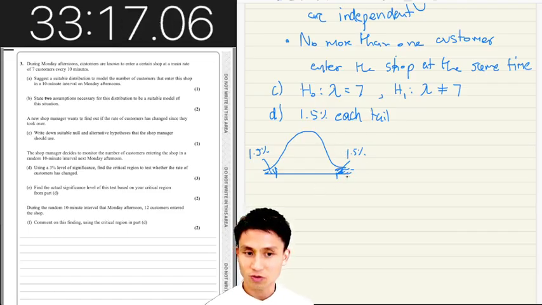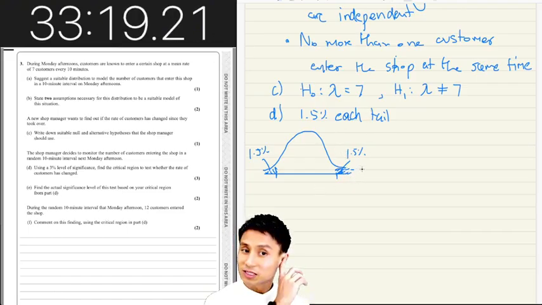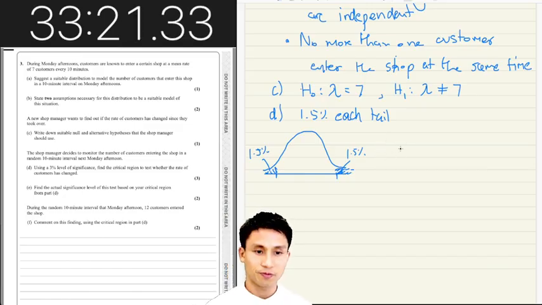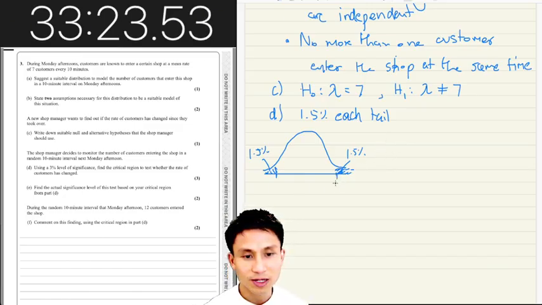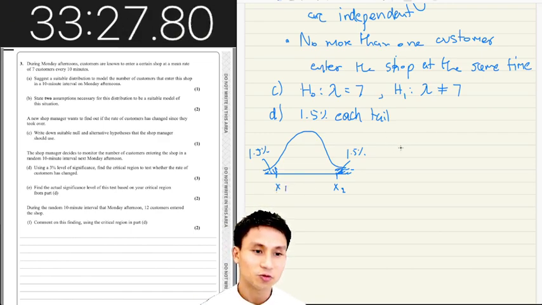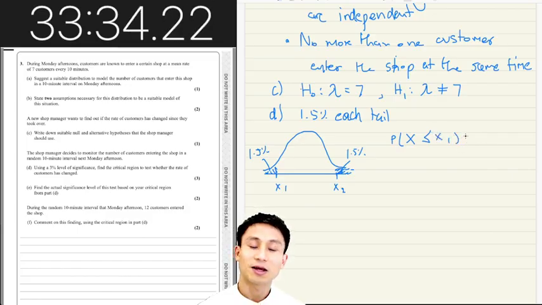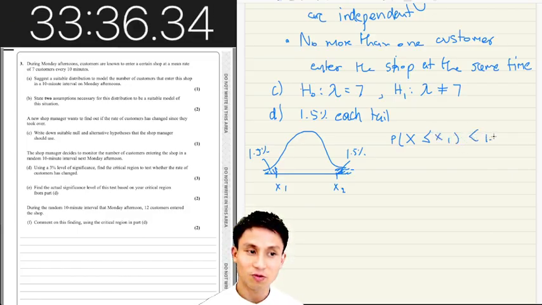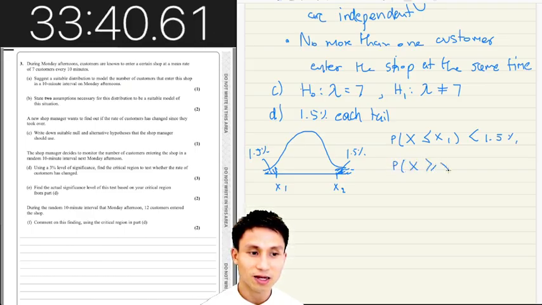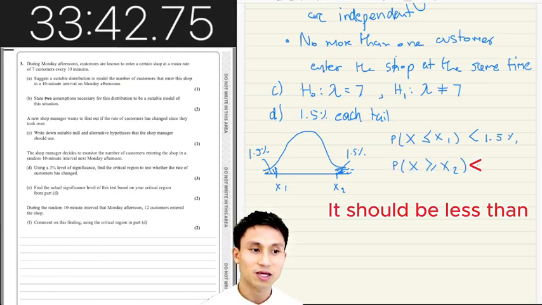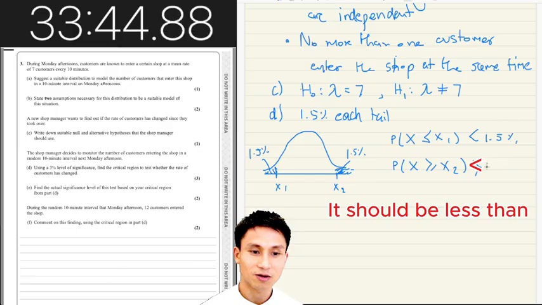Because we know how to calculate the probability of each tail. So we want the probability of less than this value and this value. We must seek the probability of x less than or equal to x1 to be less than 1.5%, and the probability of x greater than or equal to x2 to be less than 1.5%.